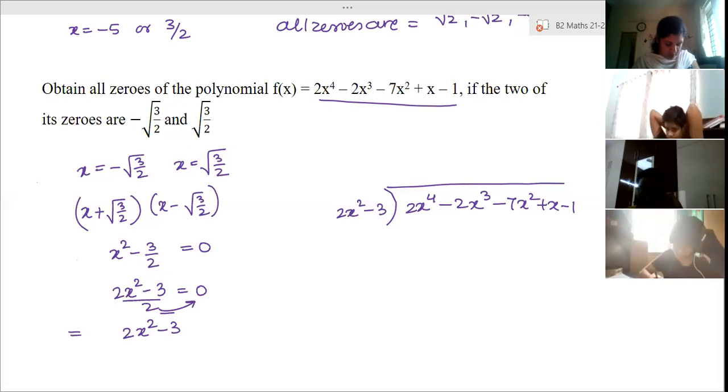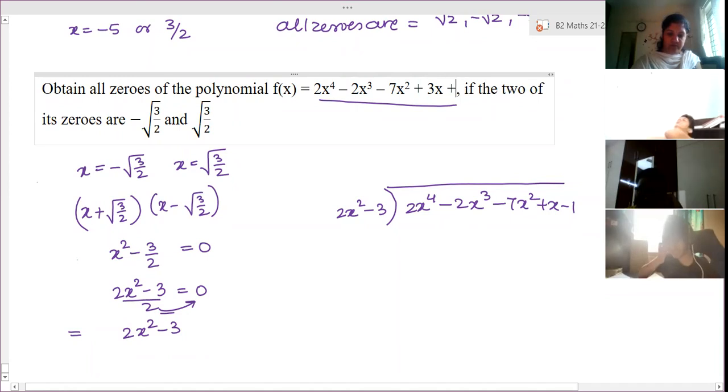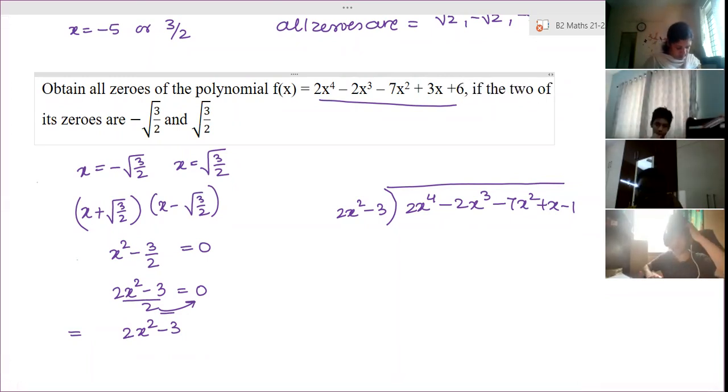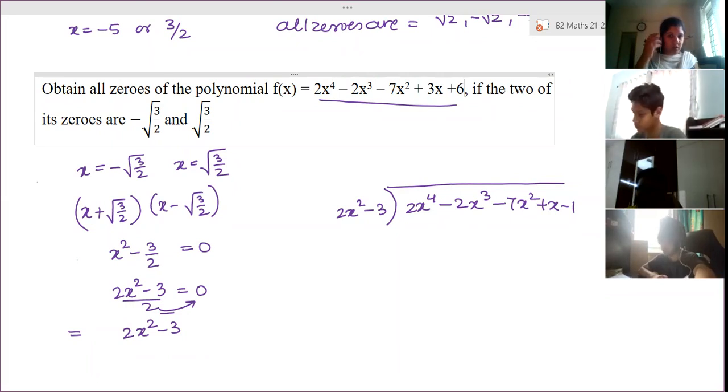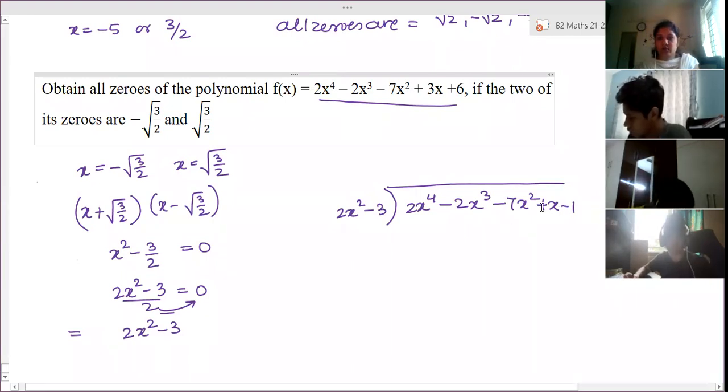Give me 2 seconds. 2x to the power 4 minus 2x cubed minus 7x squared, plus 3x plus 6. Now check with the last term 3x plus 6. Yes, ma'am. Now it's 0.